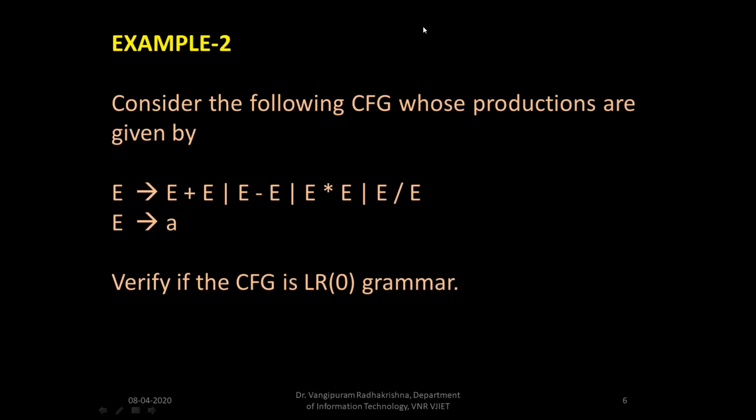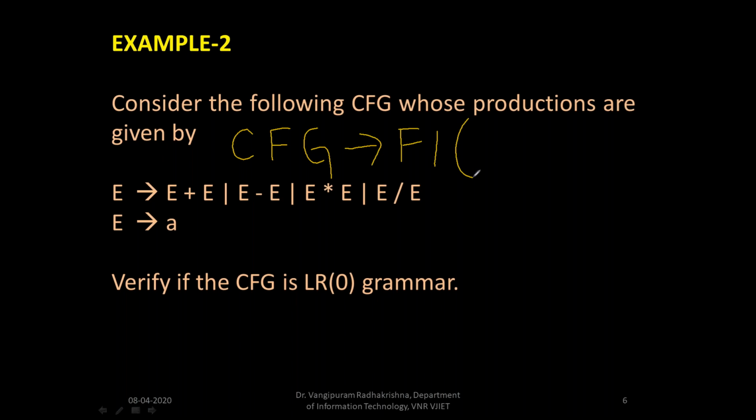Now we should look into another example. Say E derives E plus E, E derives E minus E, E derives E star E, E derives E slash E, and E derives A. So instead of applying test 2 directly, assume that you start with the application of test 1.